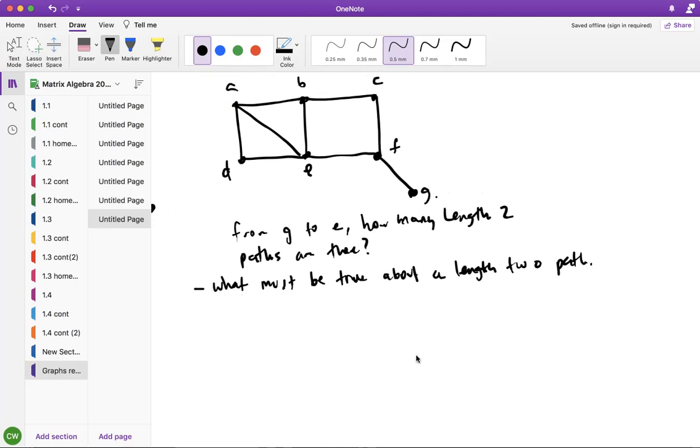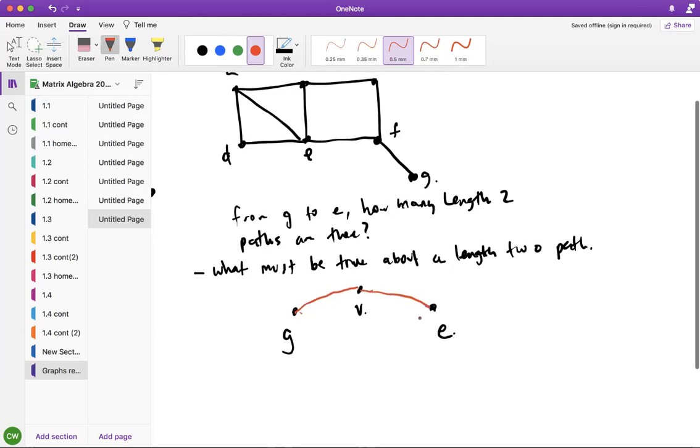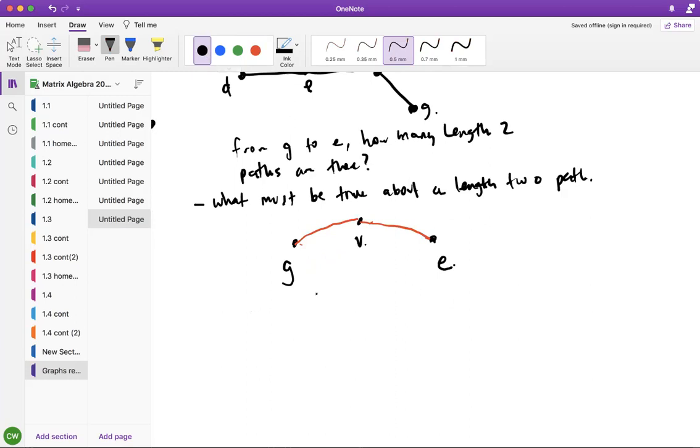If I have G and E, and if there's a length two path, say through V, then this intermediary vertex must be connected to both G and E. So VG needs to be in the edge set and VE needs to be in the edge set. That's a necessary condition for there to be a length two path.